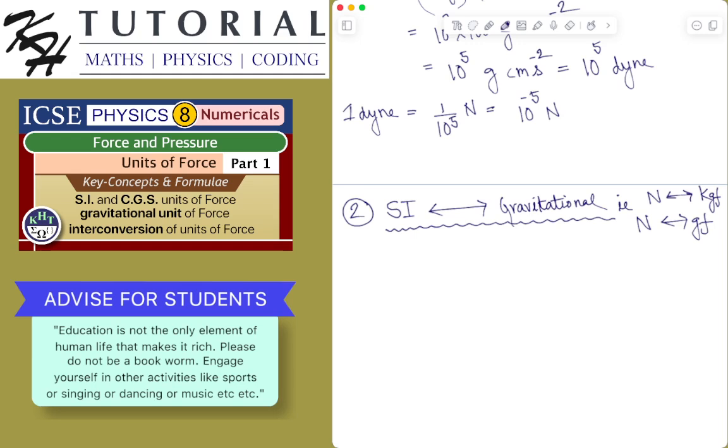We know that 1 kgf is nothing but the weight of a body of mass 1 kilogram. Now what is that weight? That weight is the gravitational force acting on the body of mass 1 kilogram.